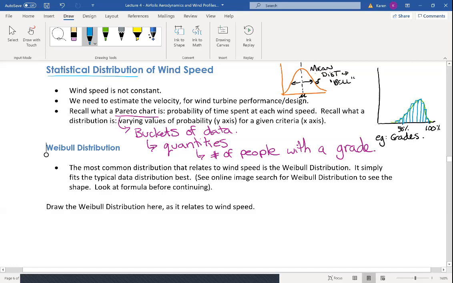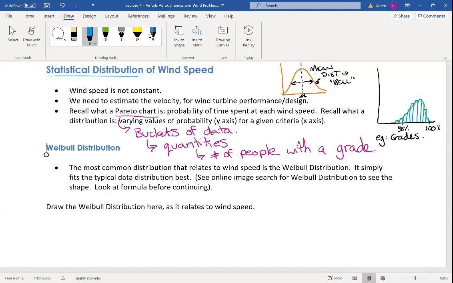Think about that. I drew a whole bunch of vertical buckets. What do they represent? They are buckets of data. They are quantities. So they are the number of people with a grade. So I would say number of people.